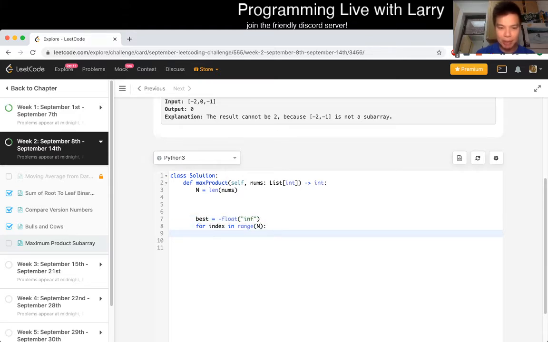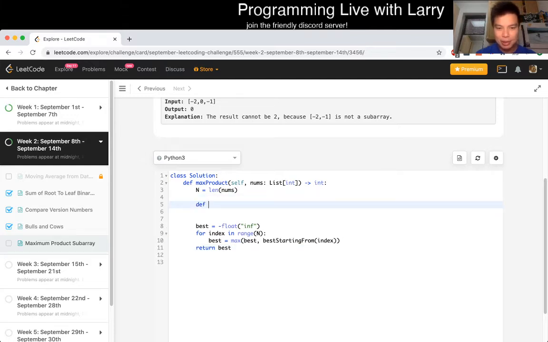And then now we just do best is equal to max of best, and then let's just go best starting from index or something like that, right? Naming is hard, but that's how I would think about it. And the idea behind this function for the dynamic programming is that we want to get the best answer starting from this index, right?